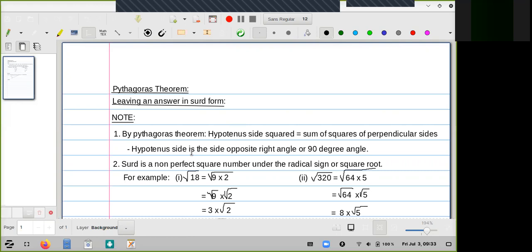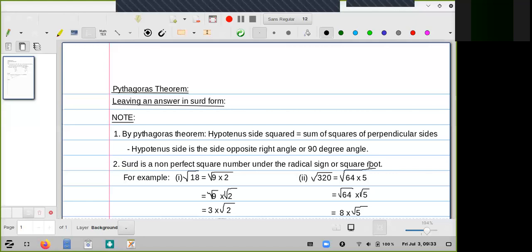Now, I've just tried to define or describe a surd. It is a number. This number is a non-perfect square, which means it is not a perfect square. And this number, which is not a perfect square, is under a radical sign, right? Instead of calling it the radical sign, we can call it the square root.